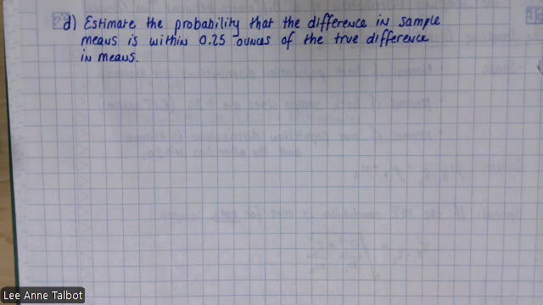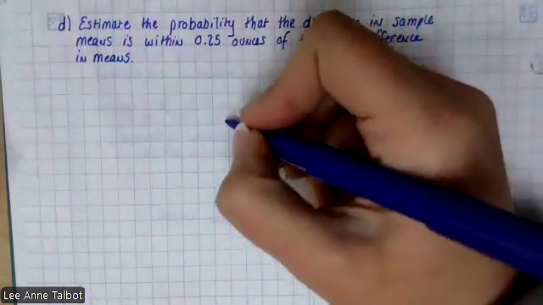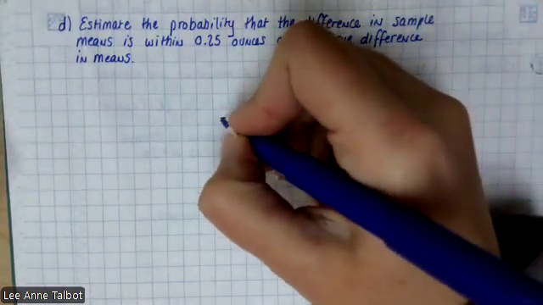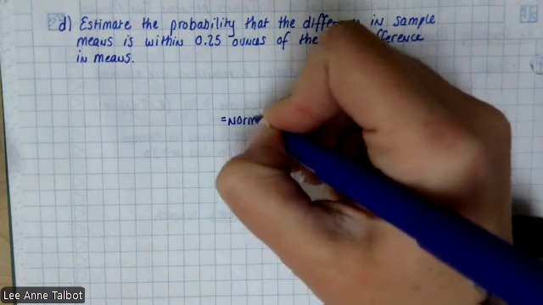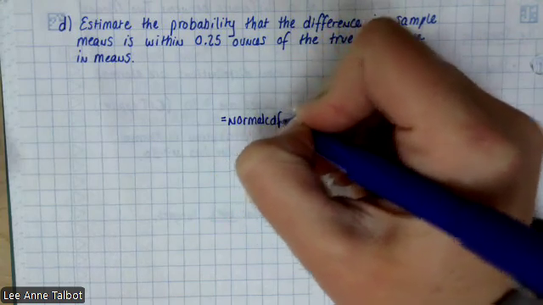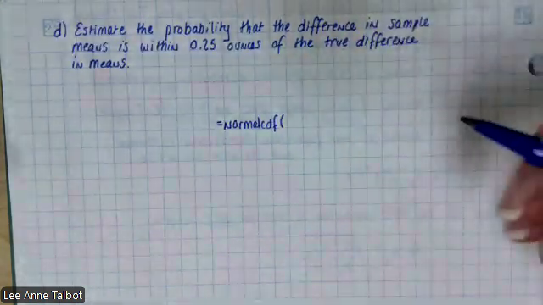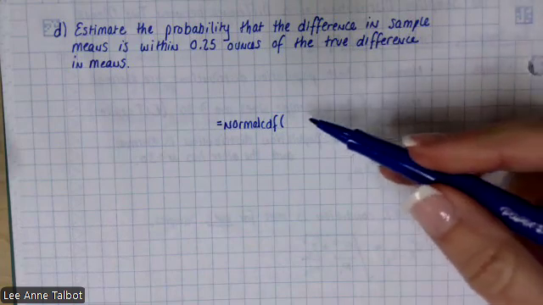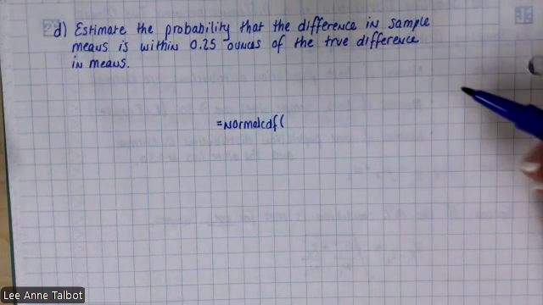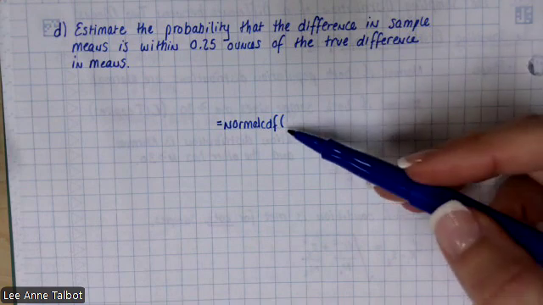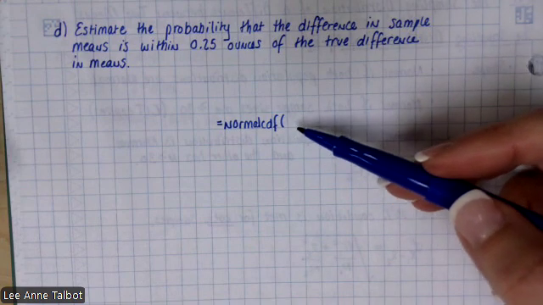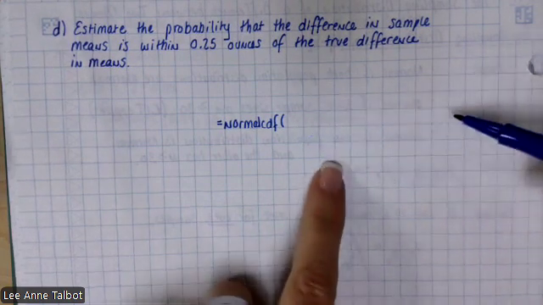Okay, there's a couple of little things here. So first, we know we need normal CDF. I'm going to put it over here on purpose. What things do we need for normal CDF? Yep, low, high, mean, standard deviation.